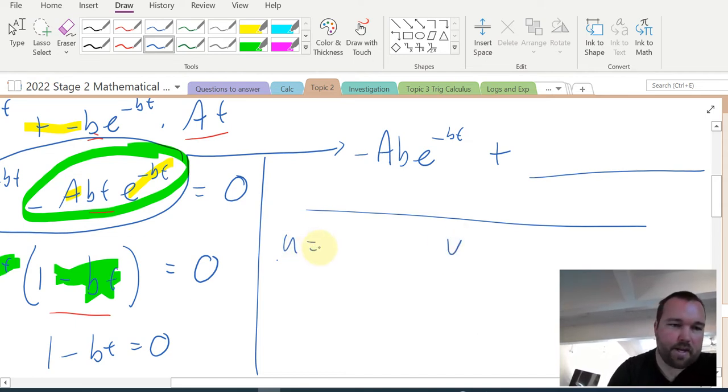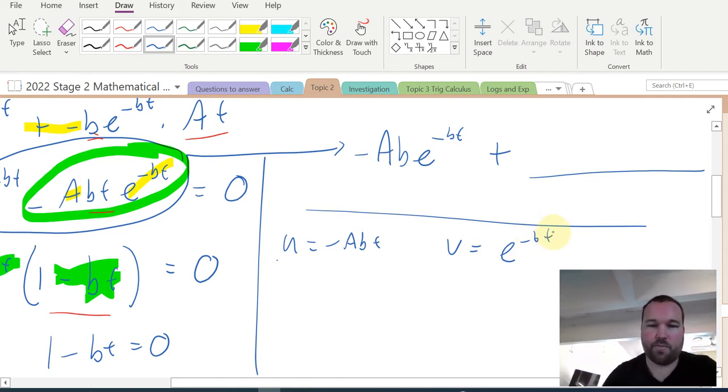There is the minus ABT, and then there is the e to the minus bt. When they're multiplied by each other, we need to write them separately and do product rule. That's our u and our v. U dash is, well, that whole thing will differentiate to just minus ab. And v dash is minus b e to the minus bt.